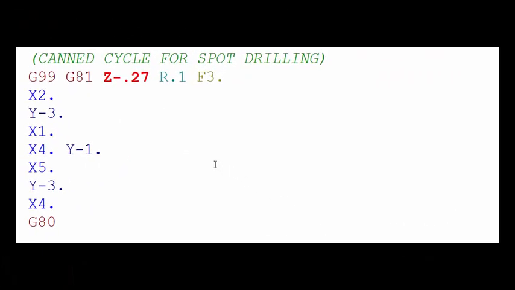Alright, so I have zoomed into the canned cycle to take one more close look. The G99 tells the canned cycle that as it retracts to go to this 100 above the part, then the G81 means just drill straight in and straight out without pecking. The Z minus 0.270 obviously is the depth, and the F is the feed rate, 3 inches per minute.